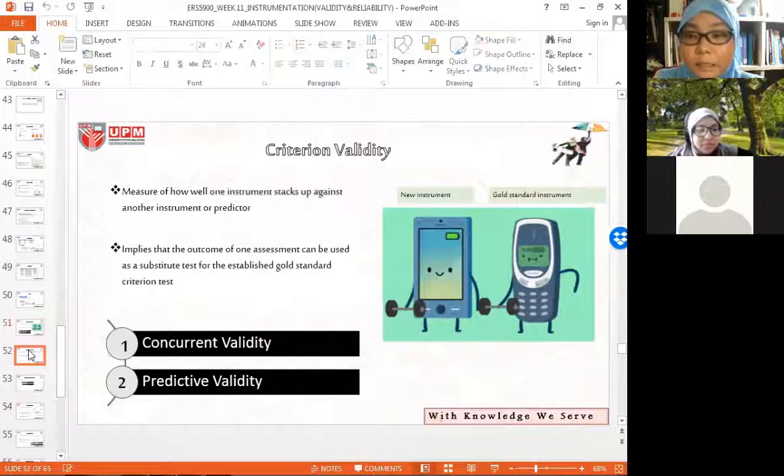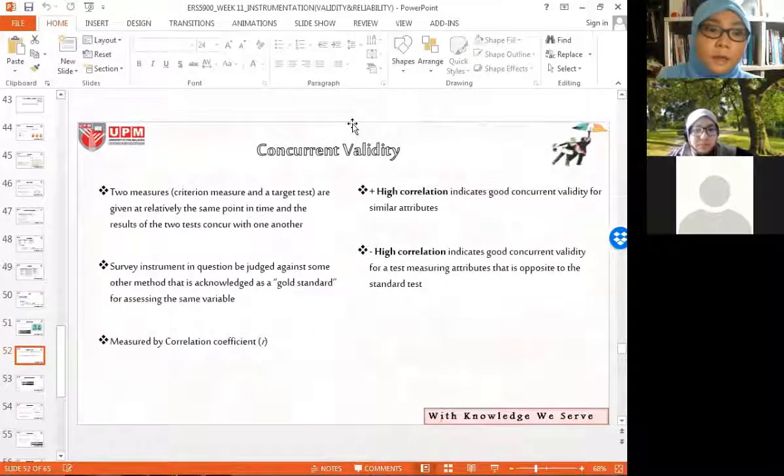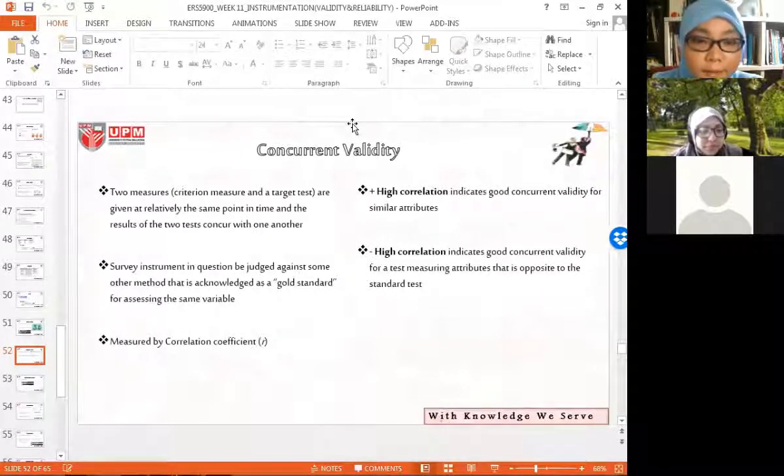This one saya dah cover sikit last week. Okay, so concurrent validity ni refers to two measures, okay, which is criterion measure and target test. Okay, dia ada dua test, two measures, are given at relatively the same point in time, and the results of the two tests concur with one another.